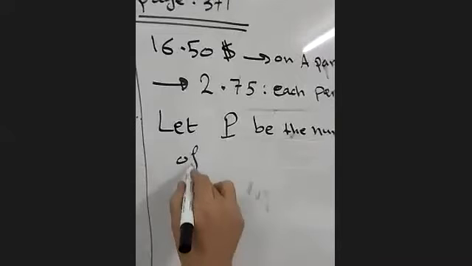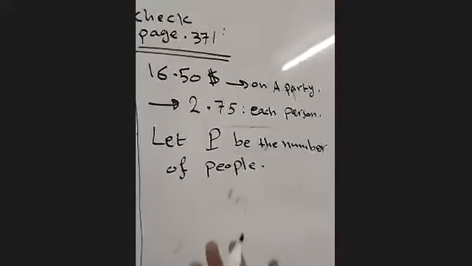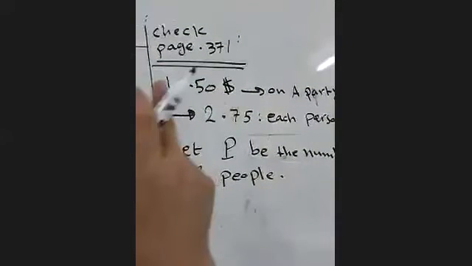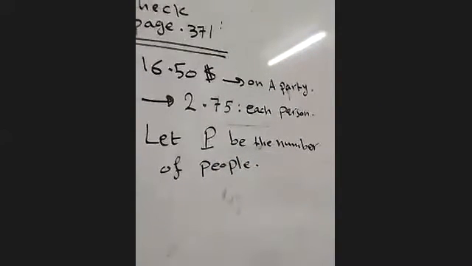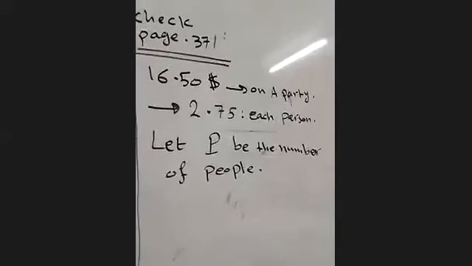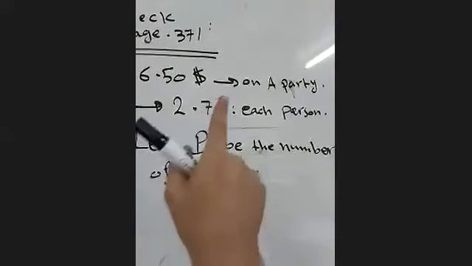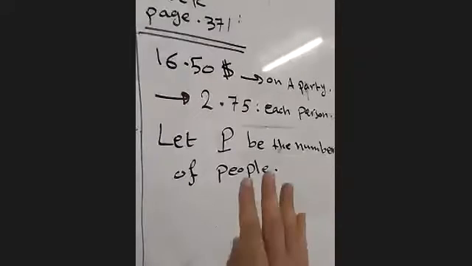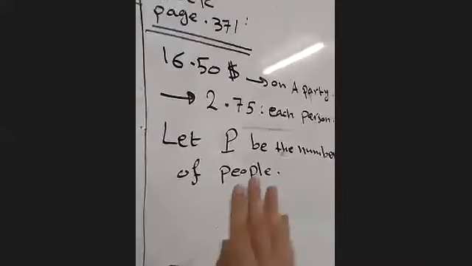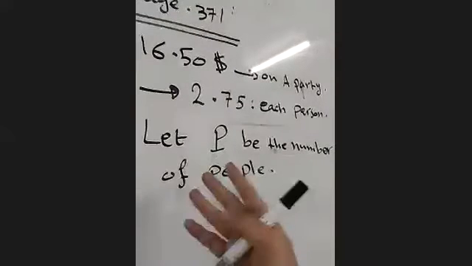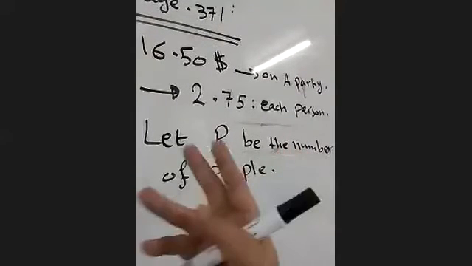Good. Again, let's summarize the question here. Sophia has, in total, $16.50. She wants to spend 2.75 on each person. So the question wants us to know how many people Sophia will have in this party. We don't know the number of people, so we give it a variable. P is the number of people. Isn't that the question? Yes.